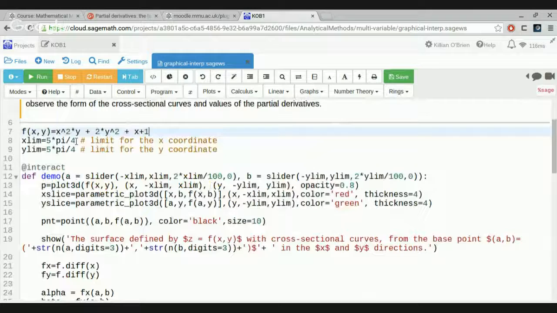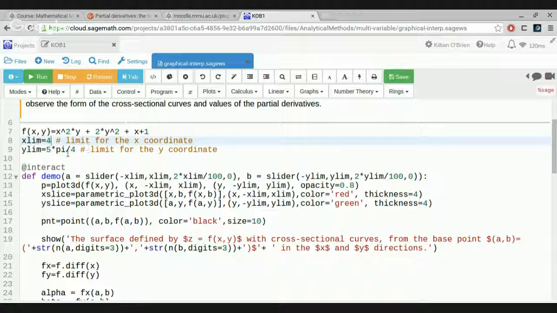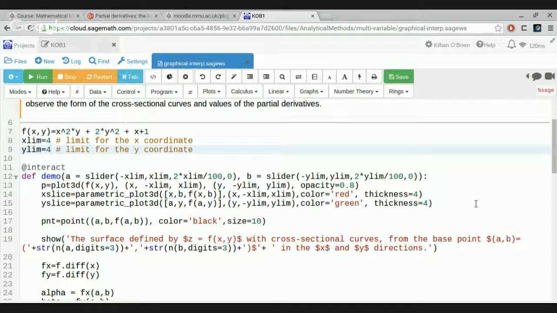So the base point was 2, 3. Let's just go a little bit either side of 2 and 3. So I'll make the x limit 4, so I'll go plus and minus 4. Let's make the y limit 4 as well. I think that's all we have to do.